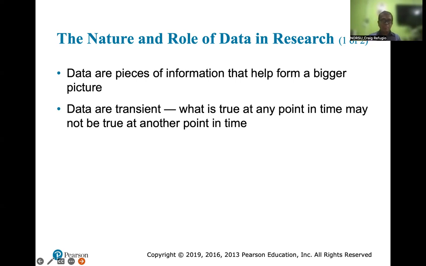We have also that part about assumption. So under assumption, the researcher would look into the statement that the researcher assumes that the data, attitudes, or behaviors do not change over a specific time. And why are we going to have that assumption?